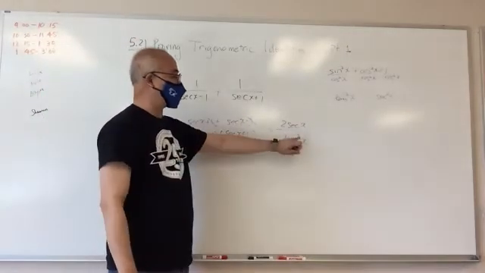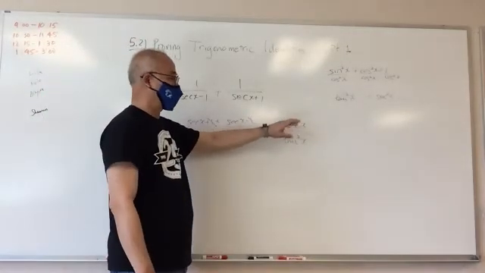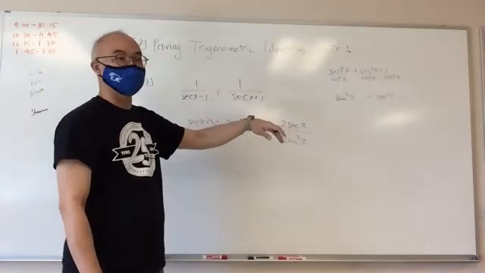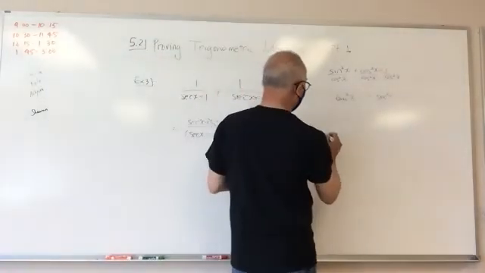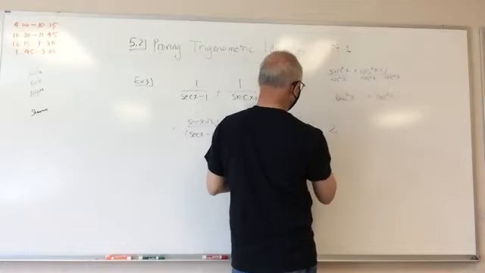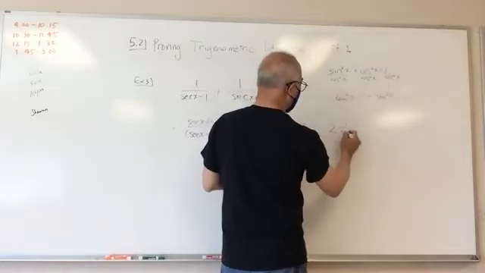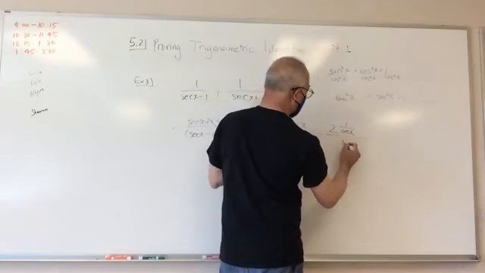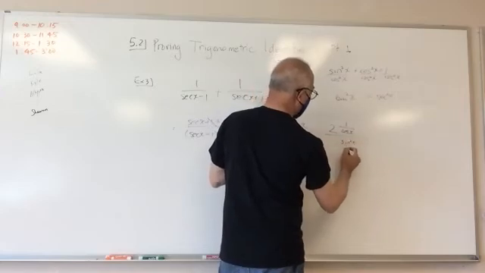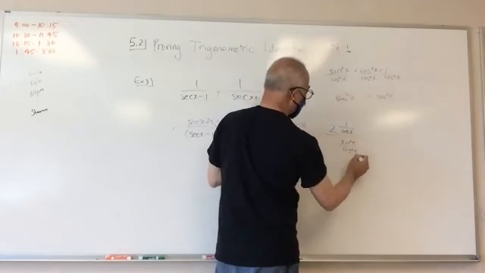So again, I have tangents and I have secants. So I'm not sure what's going on, so let's go ahead and change them all to sines and cosines. Okay, so I have 2, this is 1 over cosine x. This guy is sine squared x over cosine squared x.